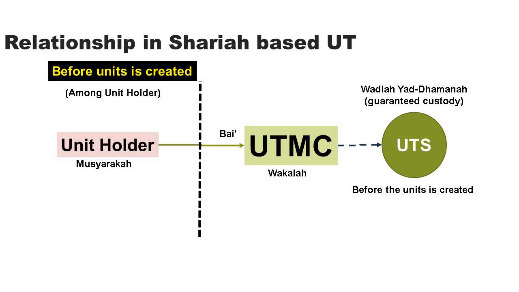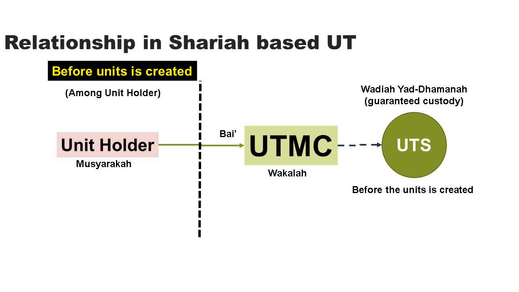And then when the money is put into the unit trust scheme, because the money is given, it's called the Wadiah Yad Damanah. For Wadiah Yad Damanah, I have no idea how to remember it. Amanah is the trust, the custodian. You take care of the money. Amanah.